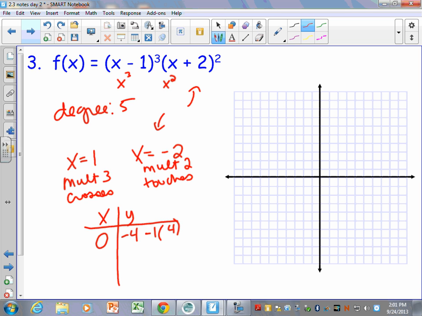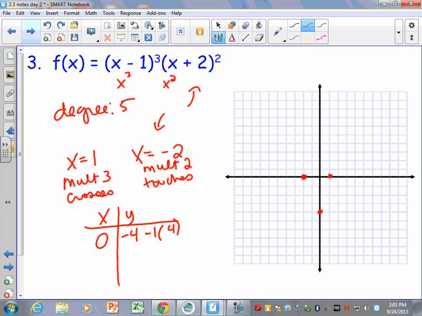So when I graph that, 1, 2, 3, 4, I have a 0 at 1 and a 0 at negative 2. I also know my end behavior. I know that this arrow has to go up from here.